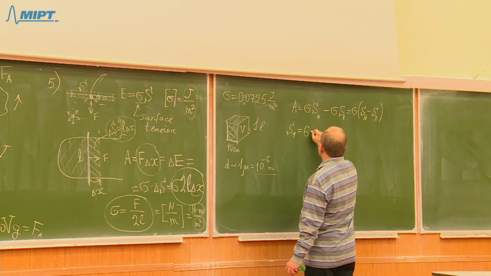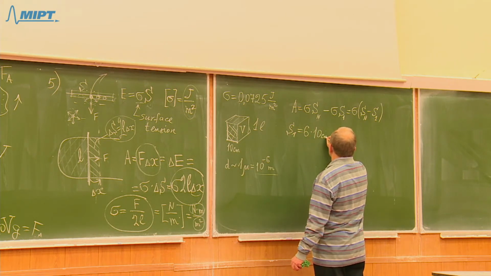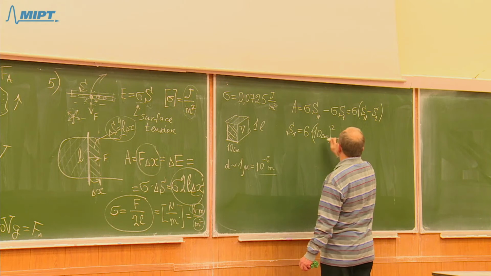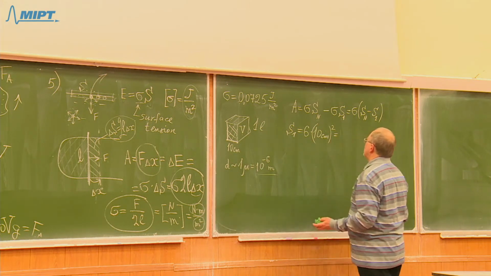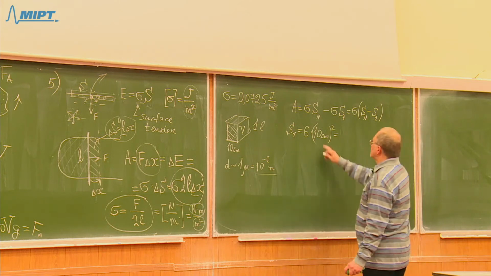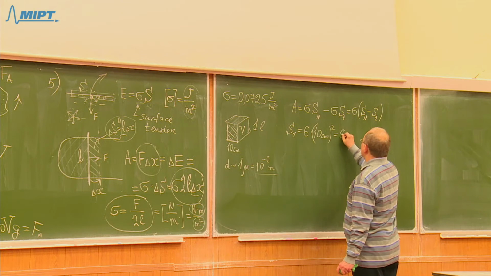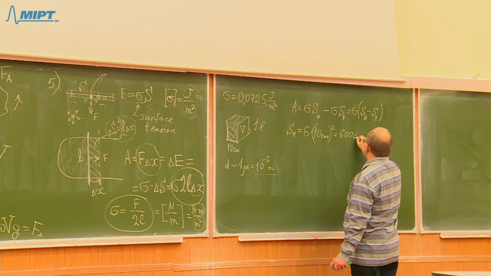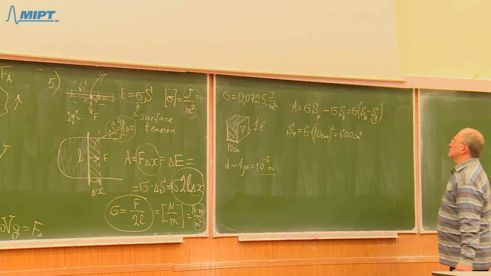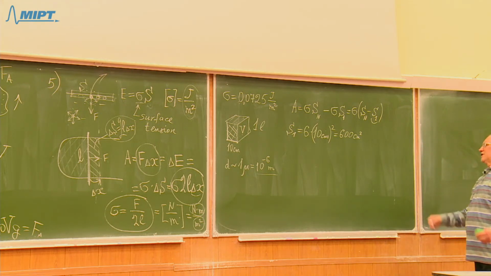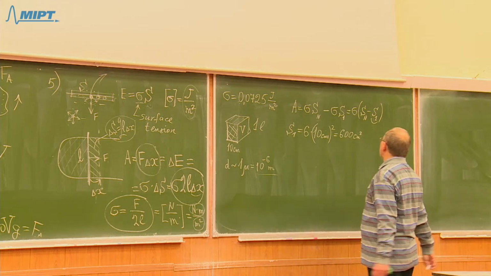So 6 times 10 centimeters squared, the area of one face. 10 squared is 100, times 6. That will be 600 square centimeters. That is the initial surface area of this amount of water.